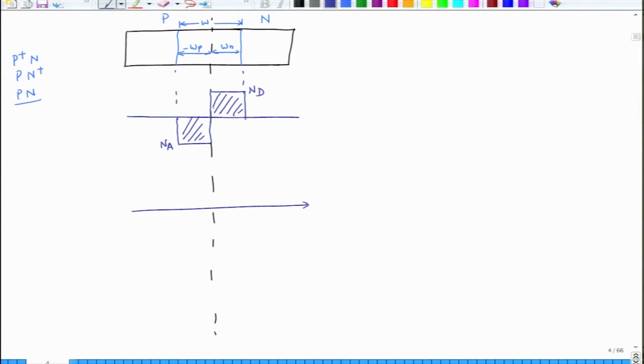This is carrier density rho. Now we want to plot the electric field, Ex.